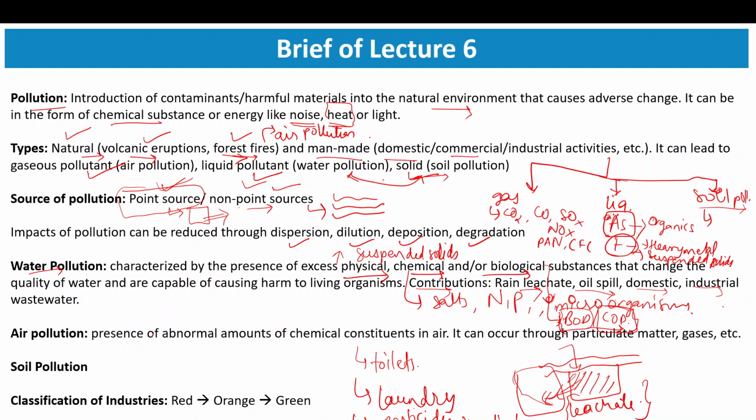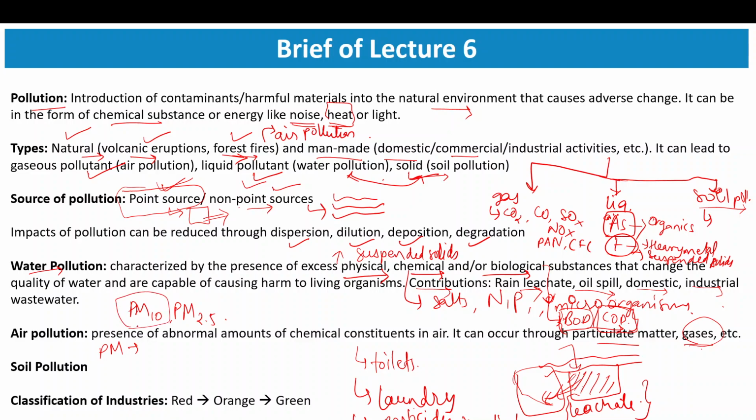Now coming to air pollution, it is nothing but the abnormal amount of chemical constituents in air in the form of particulate matter, gases, etc. I have already discussed gases. Now for particulate matter, the lecture has shown various harmful hazards which can occur. It can be divided into PM10 and PM2.5, based on the size of the particulate matter.